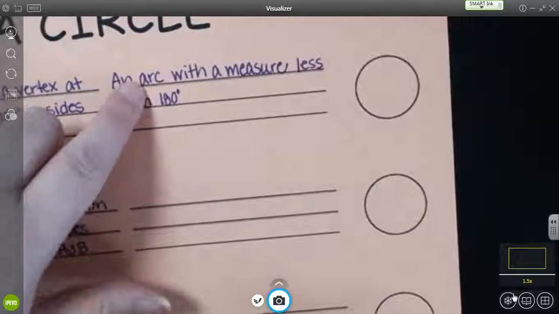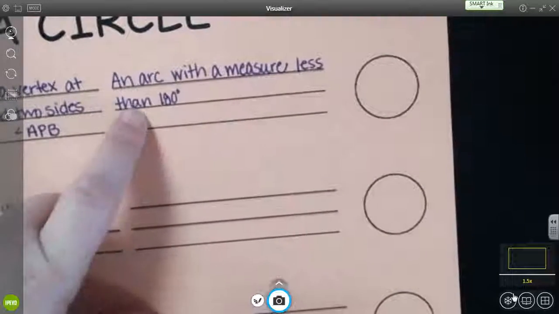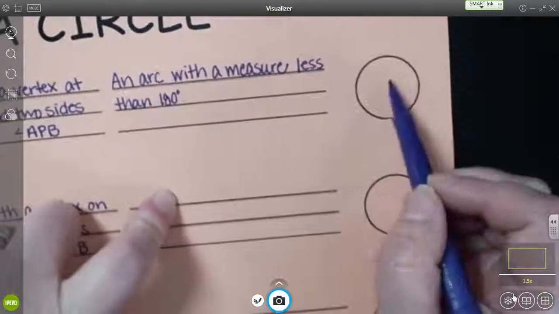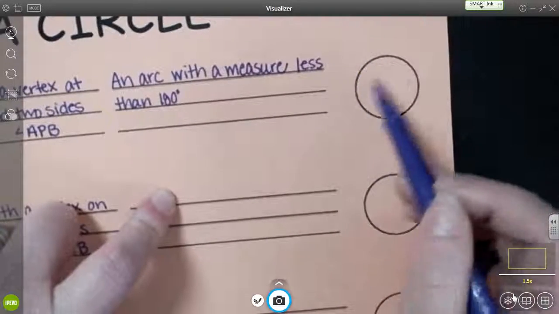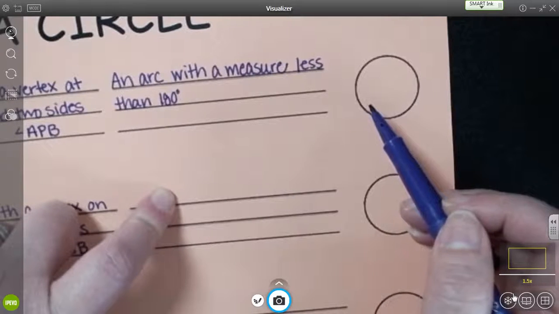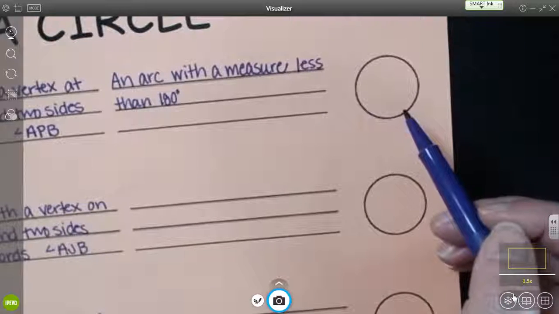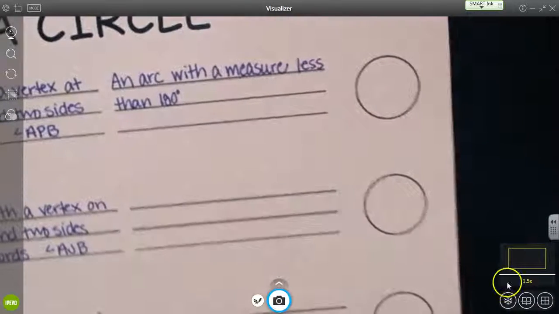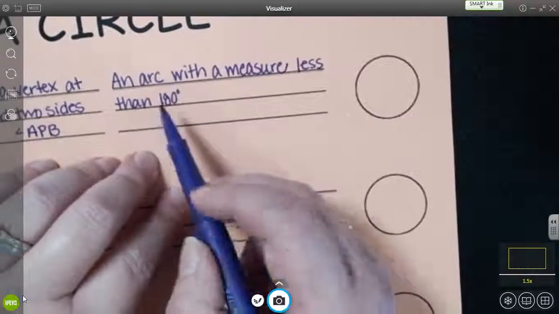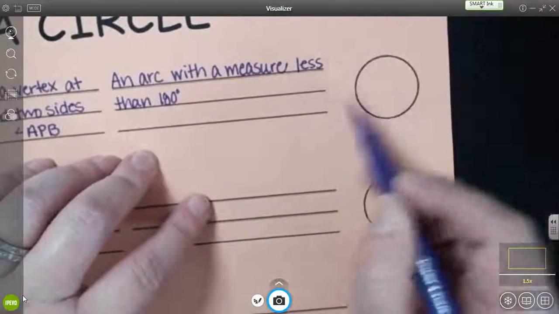Okay, so since it's an arc, we're talking about a portion of the edge of the circle, but its measure is less than 180 degrees. Well, what do we know about one time around the circle? How many degrees is that? 360. So 180 degrees, is that more or less than half the circle? So if it's less than 180 degrees, we have to be less than half the circle, right?